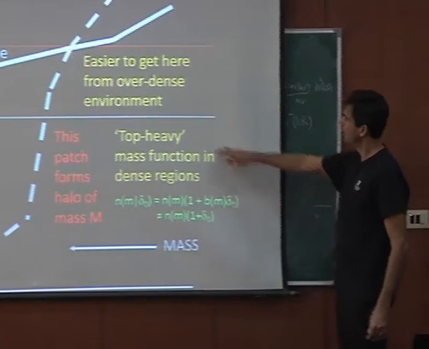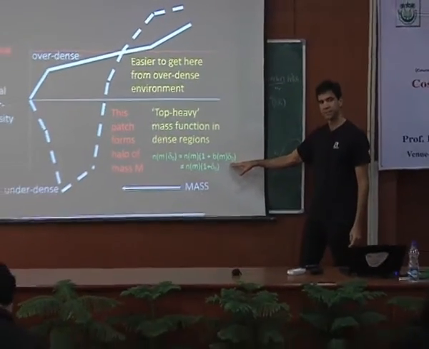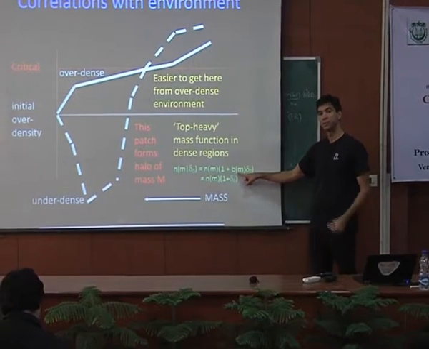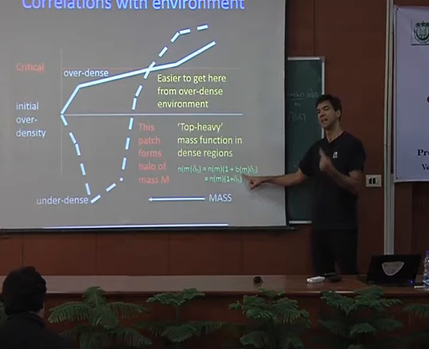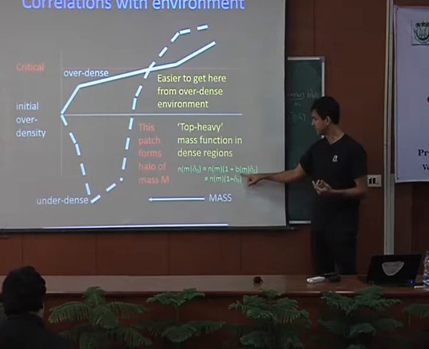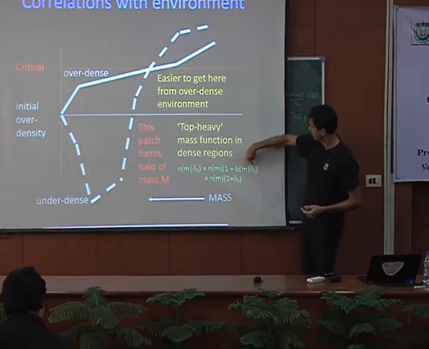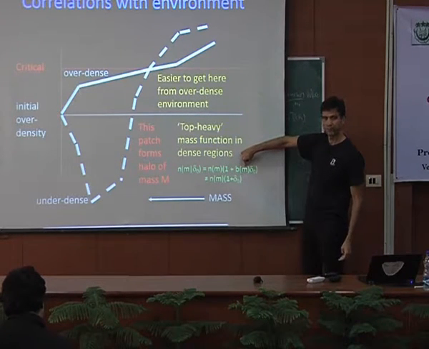One way of thinking of this is to say, if you wrote this as a Taylor series, then this bias factor should be a positive number, or a larger number if the mass is big. Because if this number is big, then if this is positive, I have lots more of this mass.